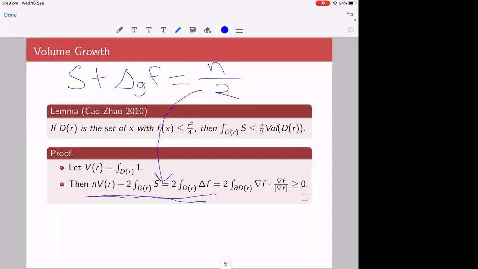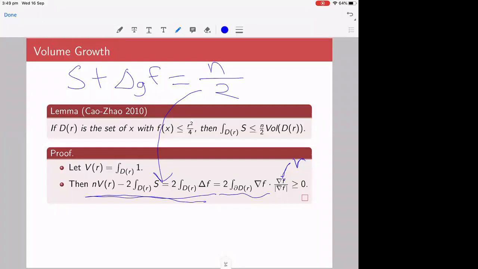Now again, we're using our fun integration by parts. Well, not really integration by parts. We're sort of replacing the integral of the Laplacian of f around a domain with the corresponding integral around the boundary of this domain. Now, what you do then is take the gradient of f and dot product it with the outward pointing normal vector.